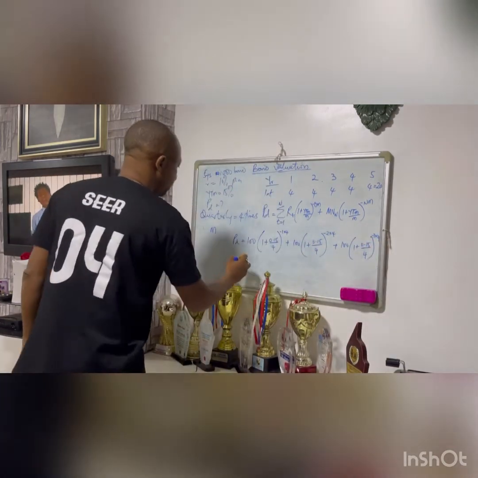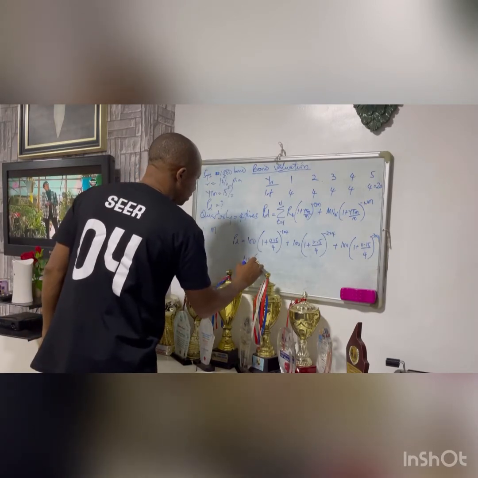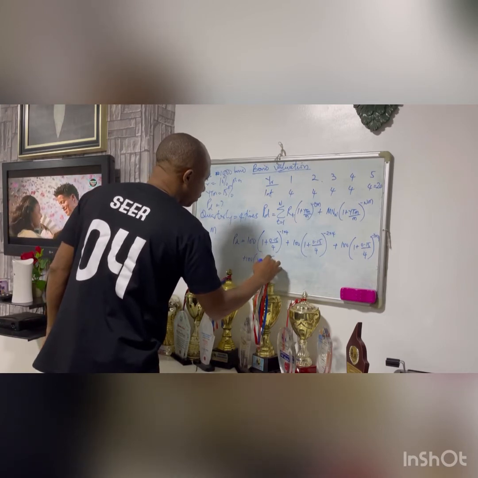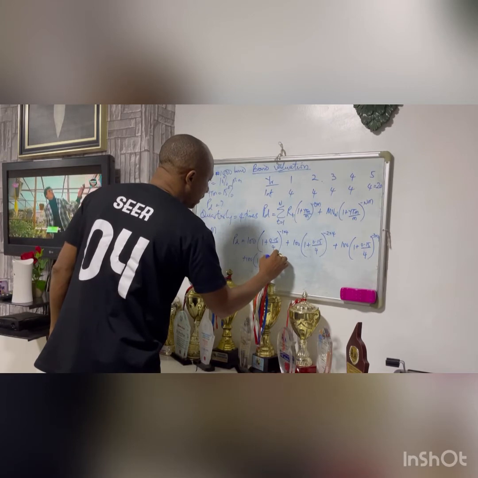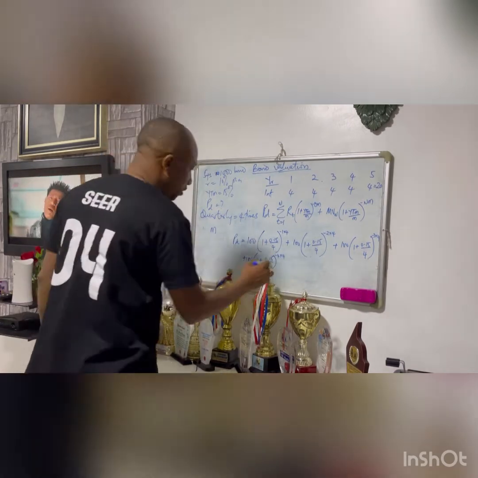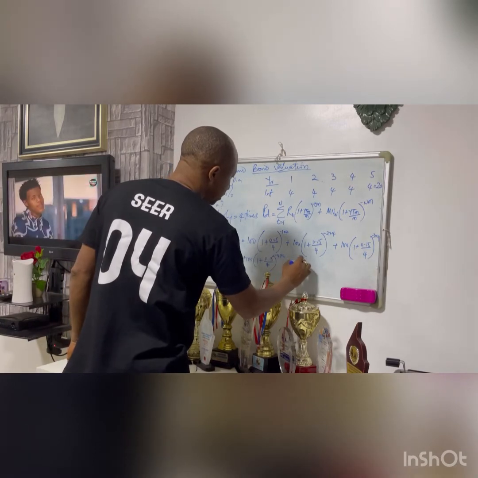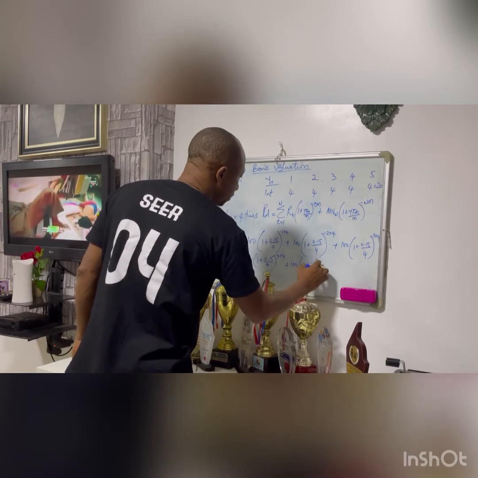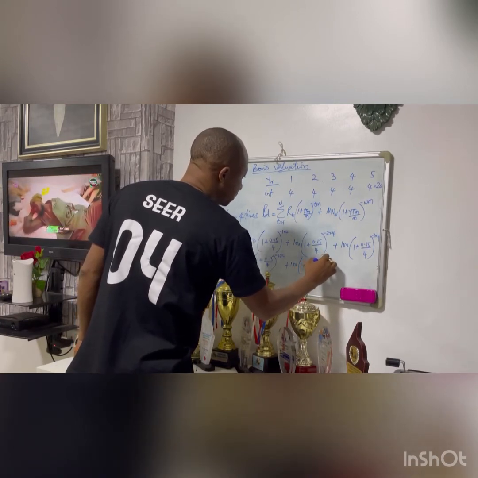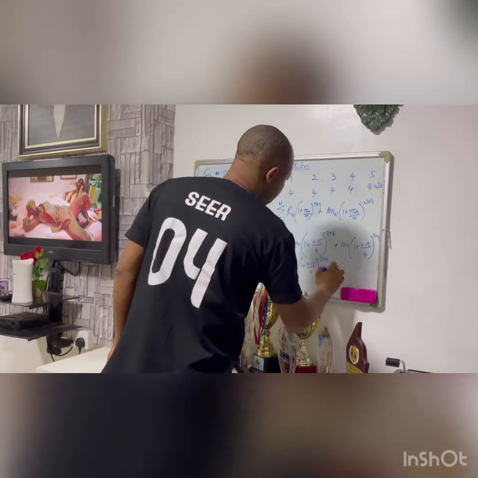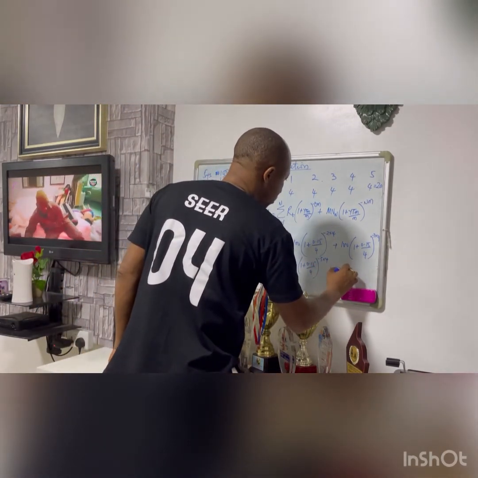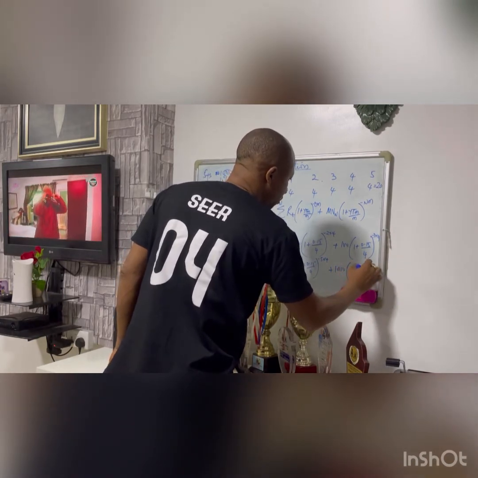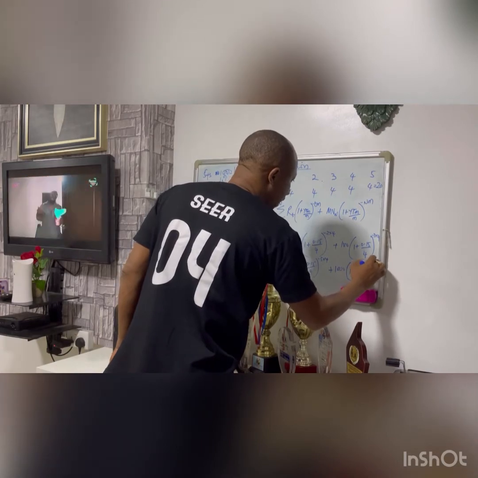That's for the third year, plus 100 into 1 plus 0.15 divided by 4 raised to power minus 4 times 4. That's for the fourth year, plus 100 into 1 plus 0.15 over 4 raised to power minus 5 times 4. That's for the fifth year. Then plus 1000 into 1 plus 0.15 divided by 4 raised to power minus 5 times 4.